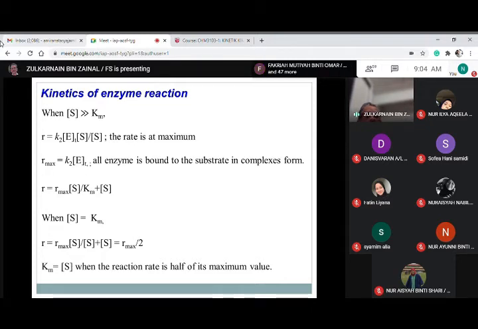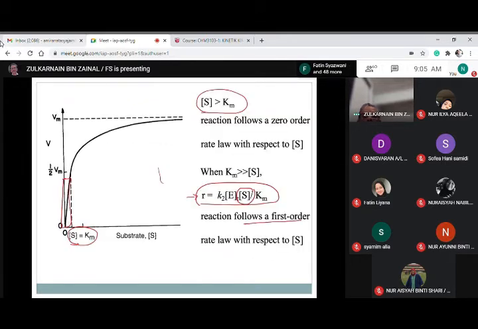When the concentration of substrate equals Km, the rate is half, R max over 2. So Km is equal to the concentration of substrate when the reaction is at half of its maximum value.